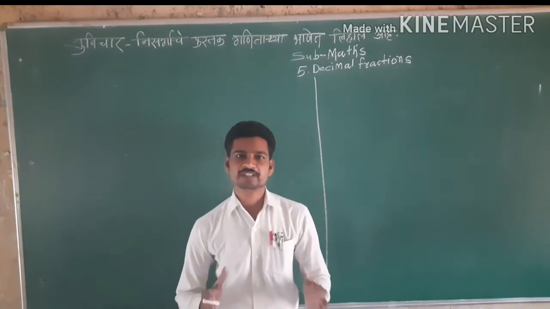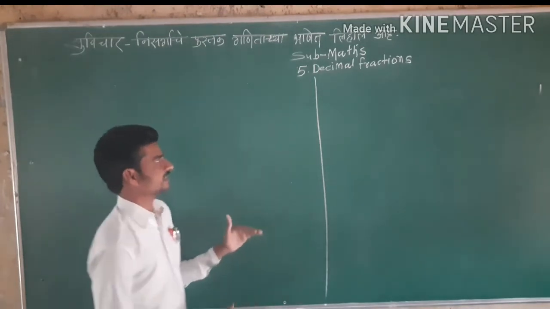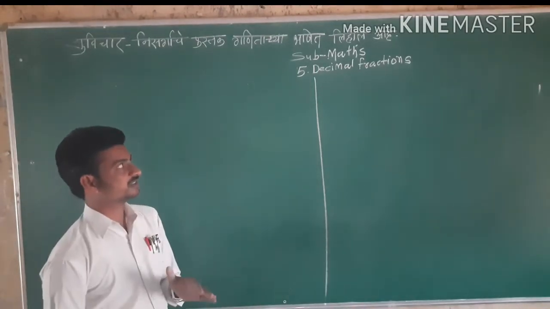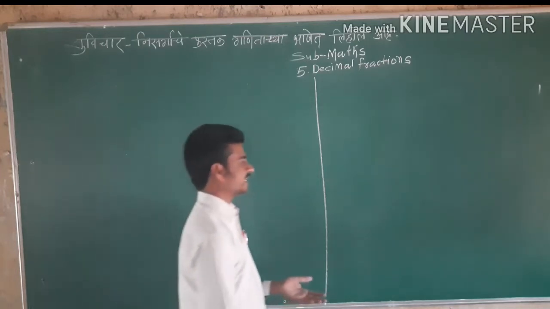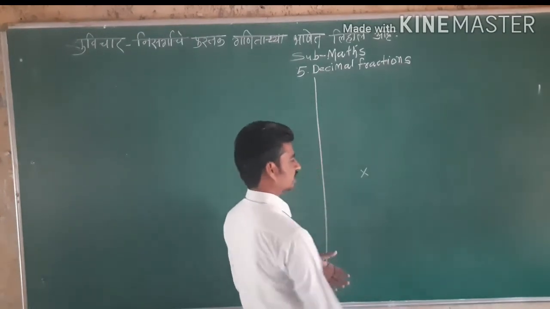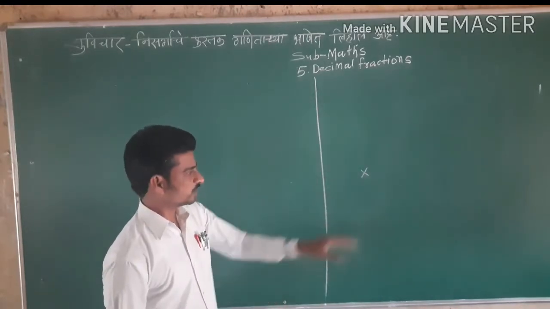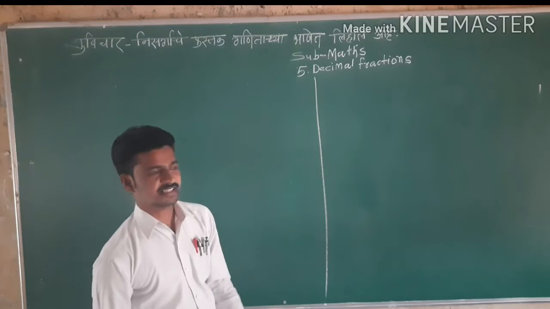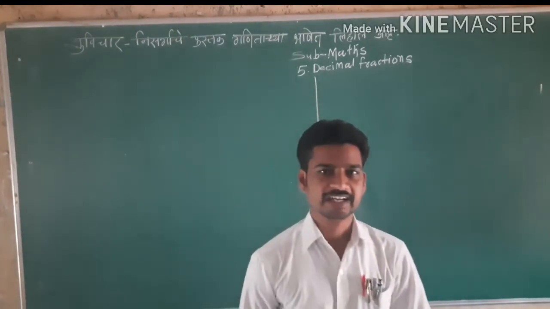Now in this lesson, after addition and subtraction, the next point is multiplication. This is the sign of multiplication. So today in this video we are going to learn multiplication of decimal fractions.